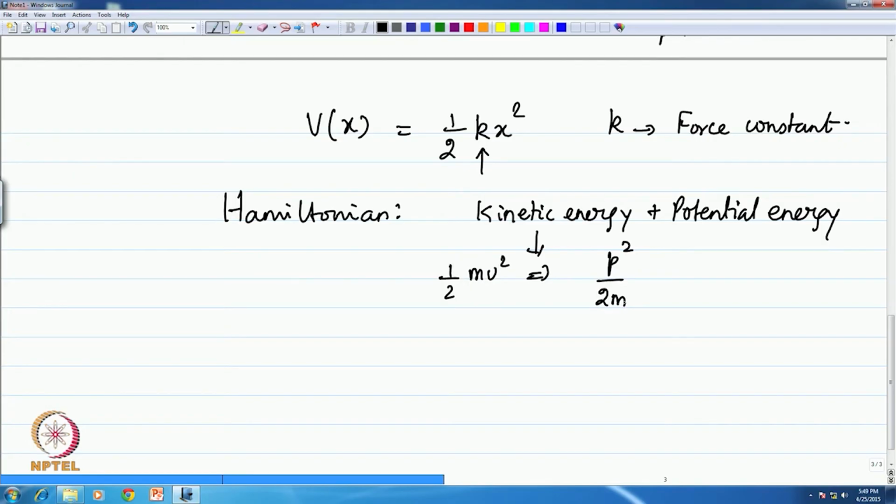Therefore the Hamiltonian in a classical sense is p square by 2m plus half kx square, okay, where m is the mass of the oscillator.